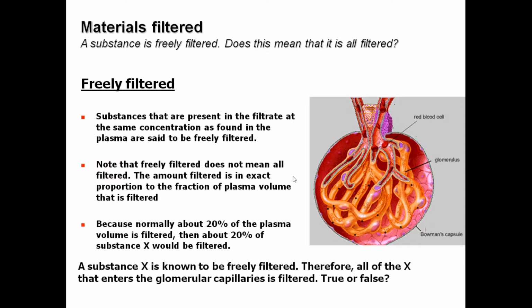But please note that freely filtered does not mean all are filtered. The amount filtered is in exact proportion to the fraction of plasma volume that is filtered. So, if it is known that the substance is freely filtered, it means the substance is filtered in direct proportion to the concentration that you have in plasma.